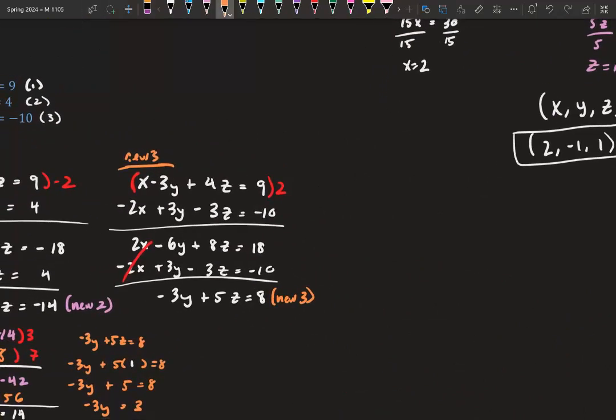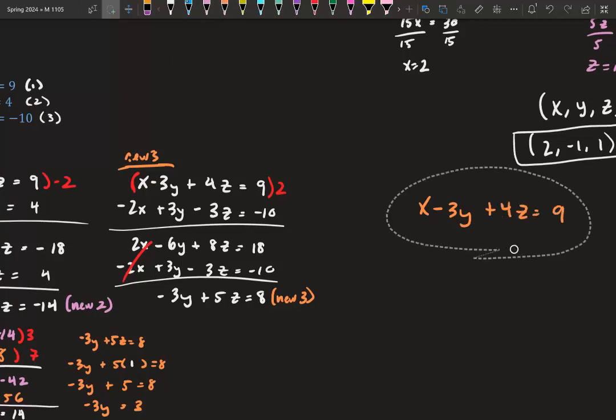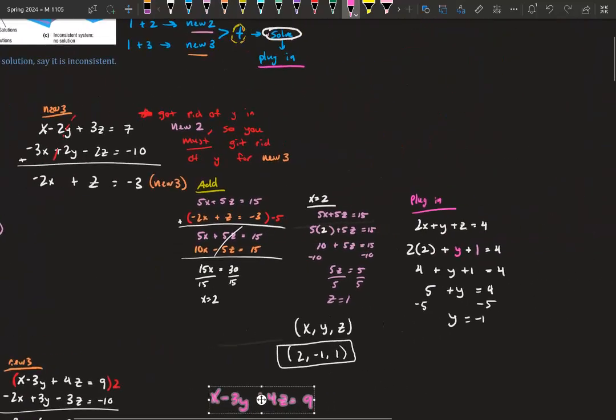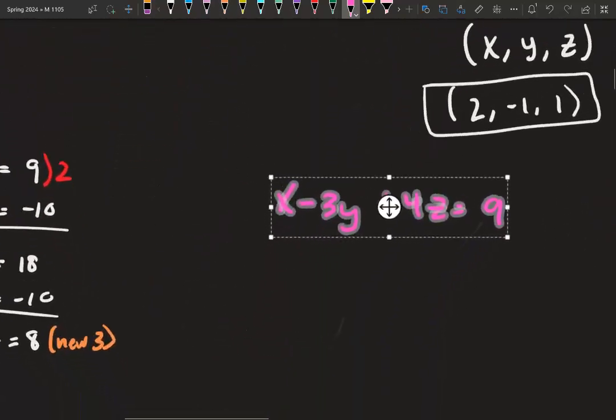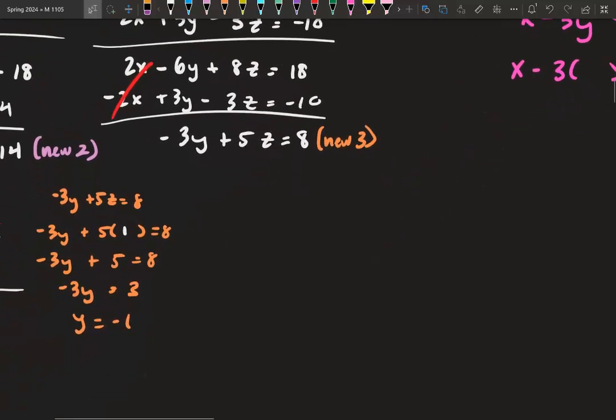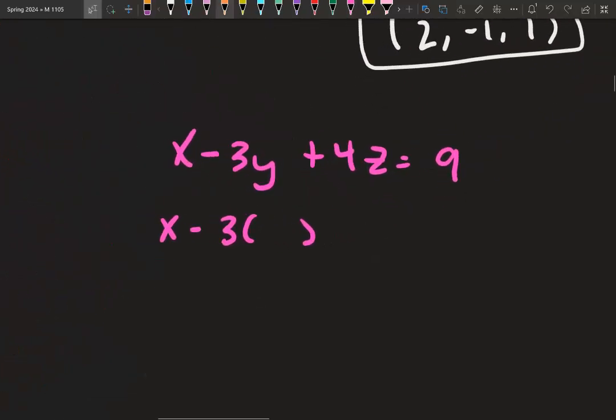So equation 1, that's x minus 3y plus 4z equals 9. We need to find x. We found y, and when we found y, it was negative 1. Then we're going to add that to 4z.